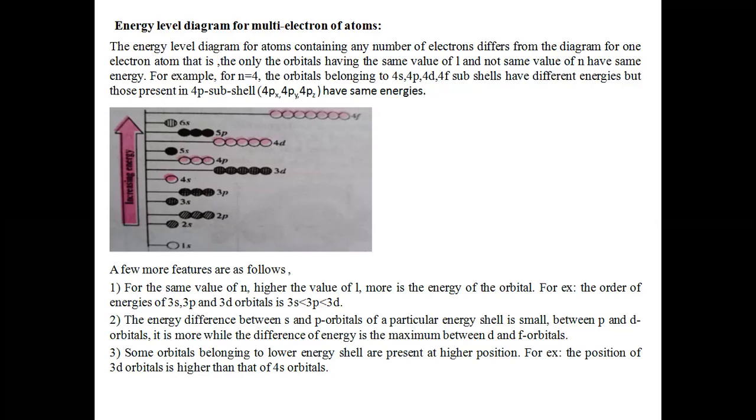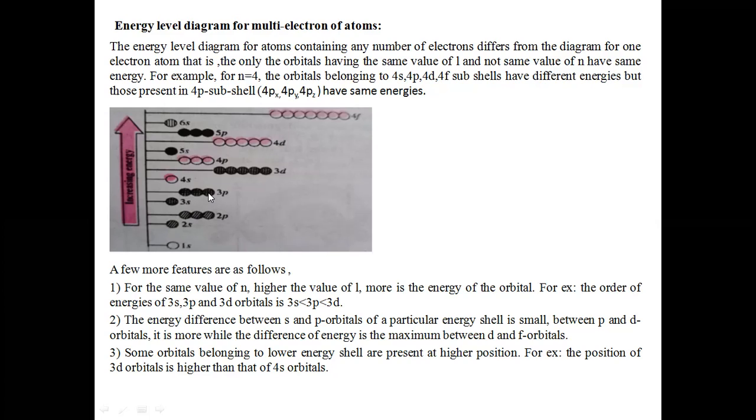Here the subshells will have different energies. For example, 2s and 2p subshells have different energies, but all three orbitals in the 2p subshell have similar energy. In the same way, 3s and 3p subshells have different energies, but all three orbitals in the 3p subshell have the same energy.